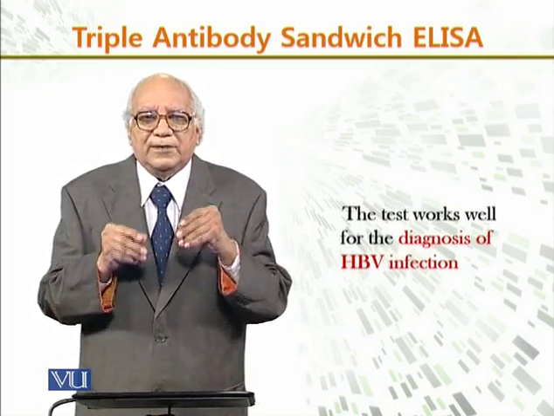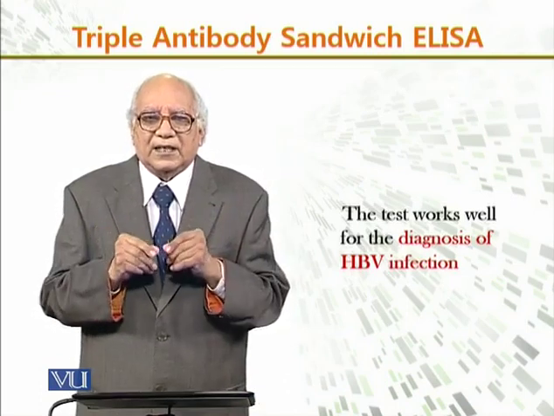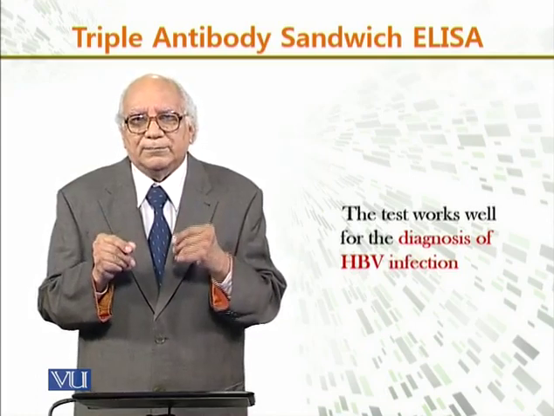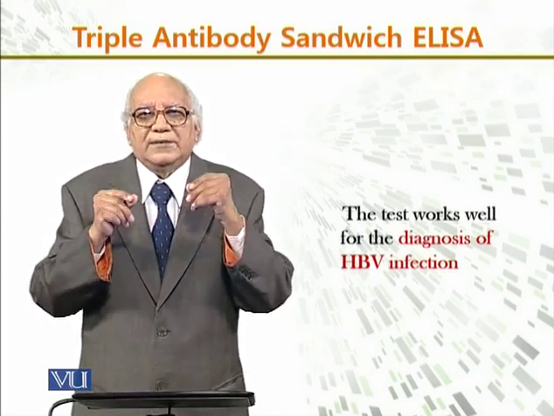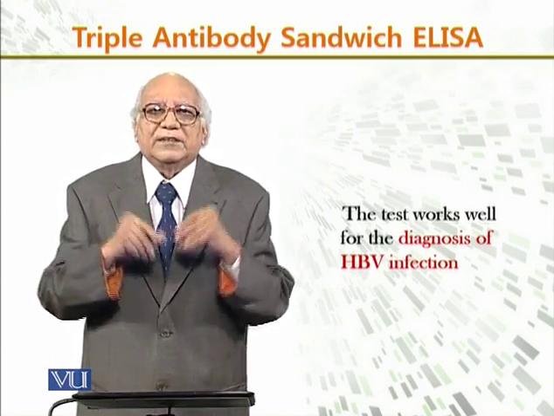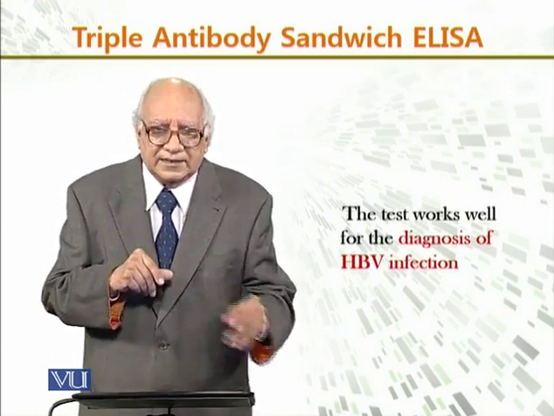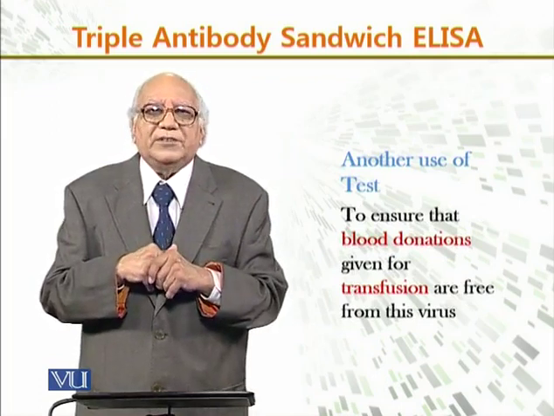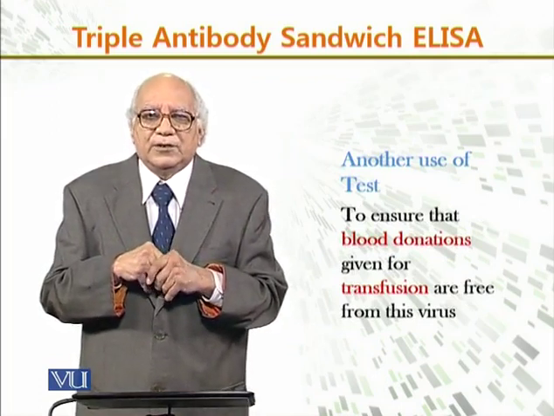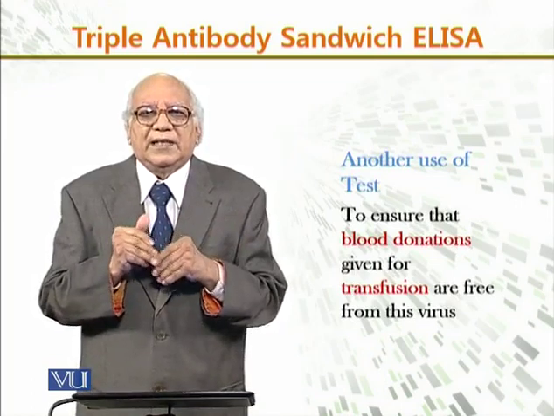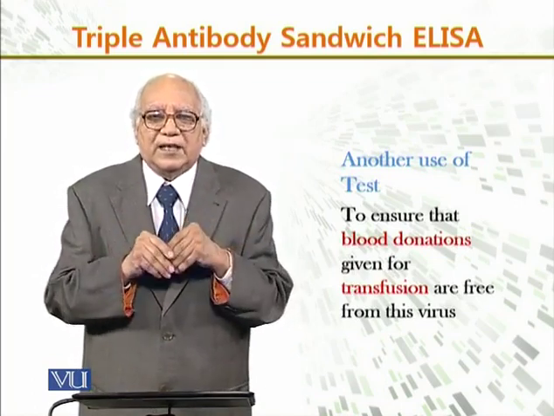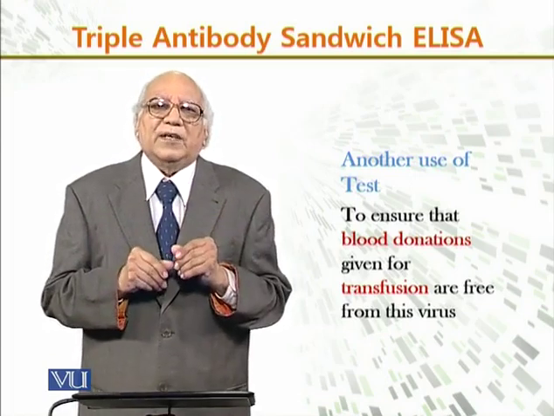The test works well for the diagnosis of HBV infection, hepatitis B infection. Another use of this test is to ensure that the blood donations given for transfusions are free from this virus.